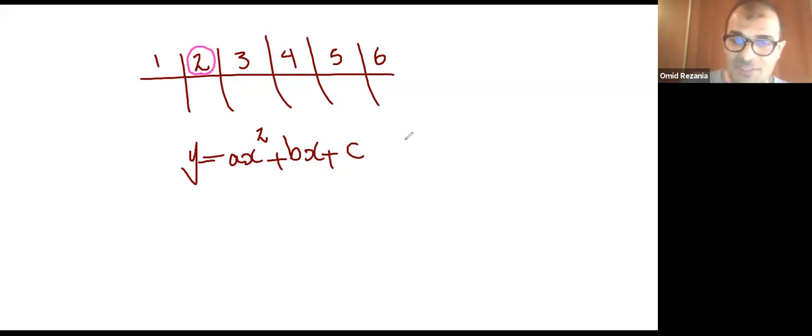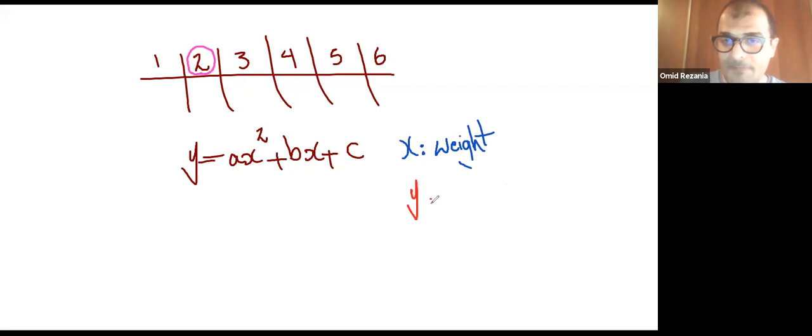I know that the x is going to represent the weight of these women, and also I know that the y is going to represent the height of these 15 American women. Then essentially you see that, for example, the height is a function of the weight, but as a second degree polynomial because the power is 2.